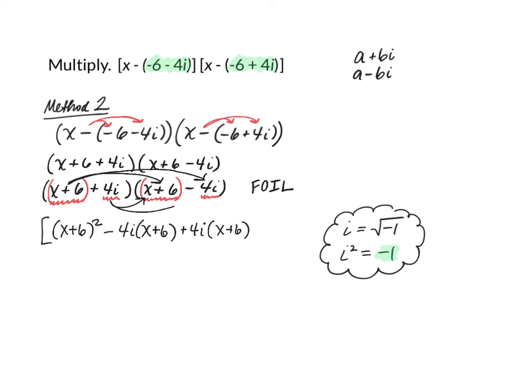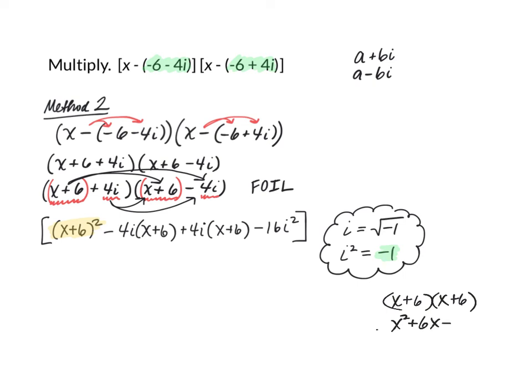And then last will be 4i times negative 4i, which is negative 16i squared. So now we will need to distribute and multiply out this x plus 6, the quantity squared. Just remember that when you're multiplying x plus 6, the quantity squared, you really want to consider multiplying it out twice so that you don't make a silly mistake here.